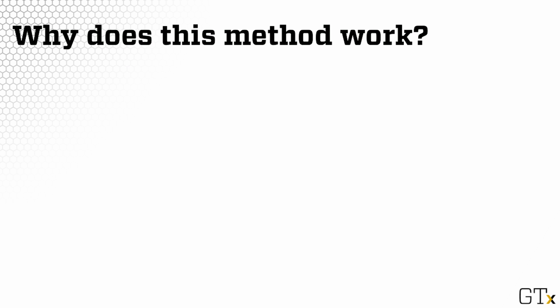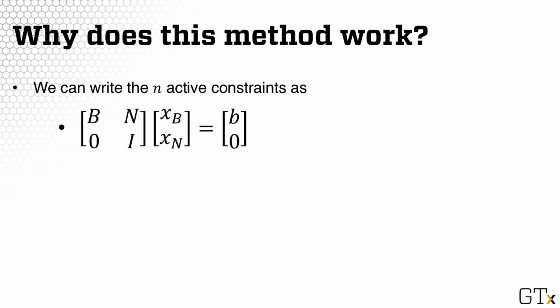So why does this method work? We can write what we just did in a more compact form. We partitioned matrix A into B and N. B is an m by m invertible matrix having m linearly independent columns, and N collects the rest of the n minus m columns.